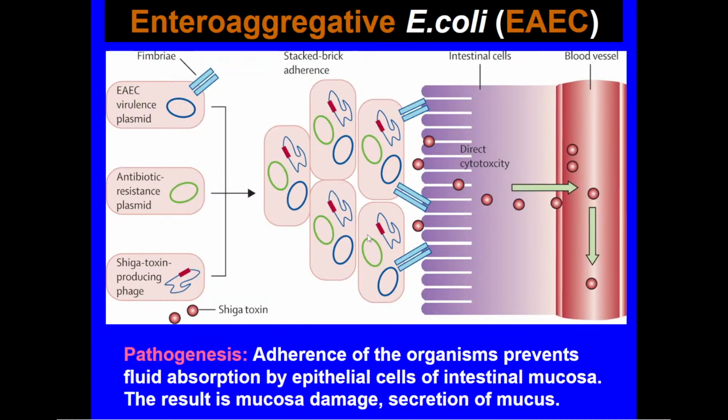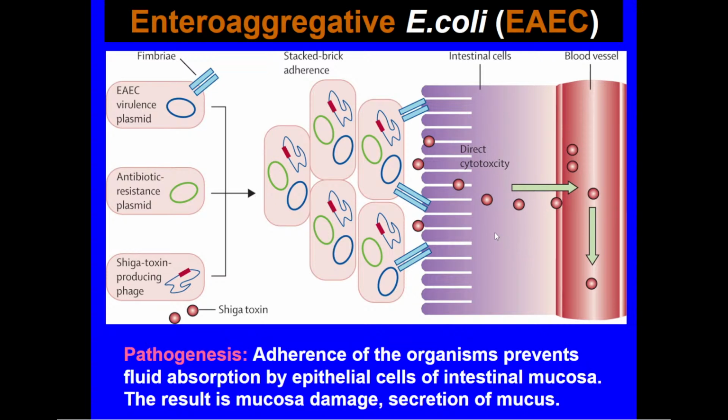So how does it work? Do you see here? First, we have adhesion of organisms and aggregation of organisms on the surface of the microvilli and the cells, right? And it prevents the absorption of fluid by epithelial cells of intestinal mucosa.